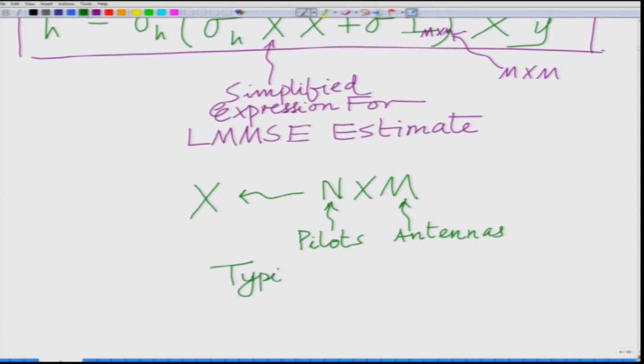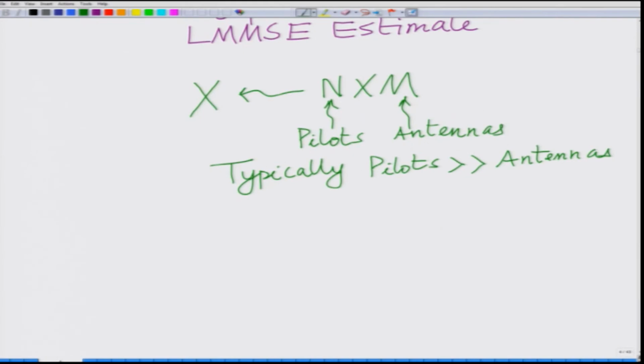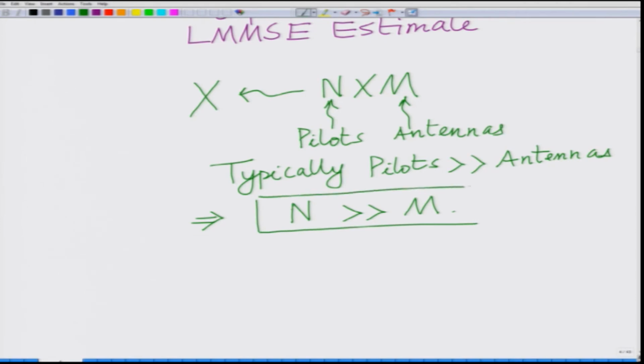Typically, the number of pilots is much greater than the number of antennas, which implies your n is typically much greater than m.